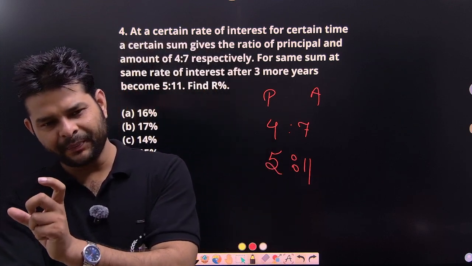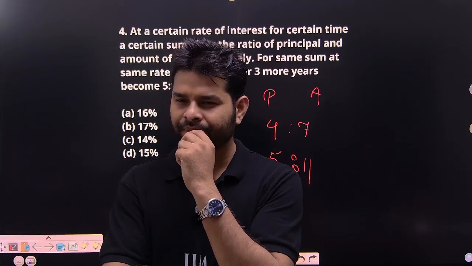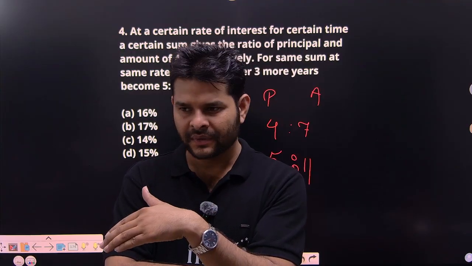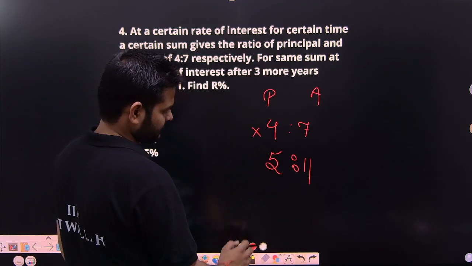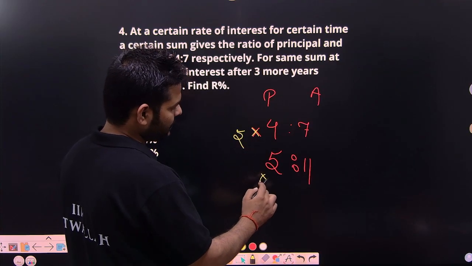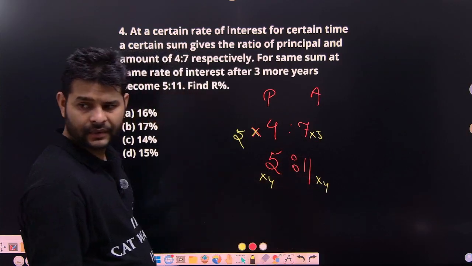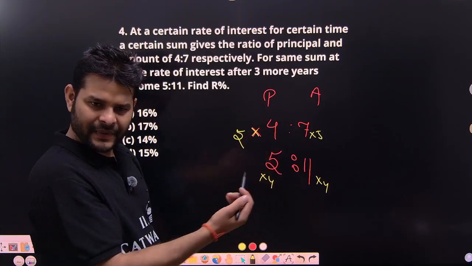So basically the principal is not changing, the interest is changing. Principal would be the same, so you need to make the principal the same. Just multiply by 5 and multiply by 4. In that scenario, in both cases, the principal is the same.